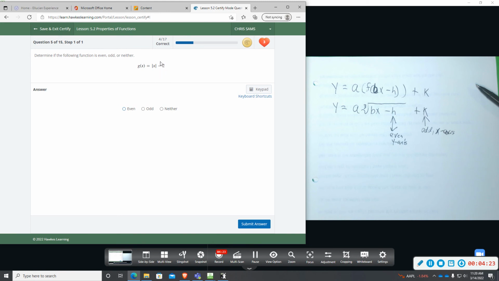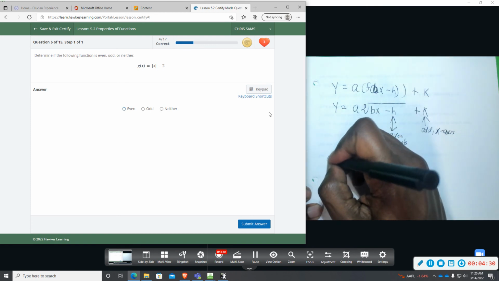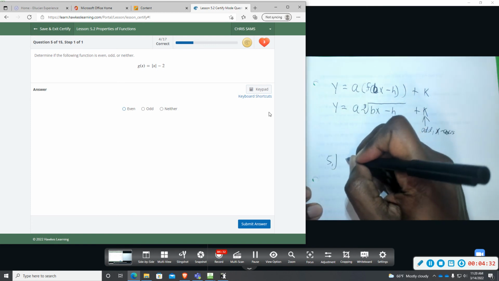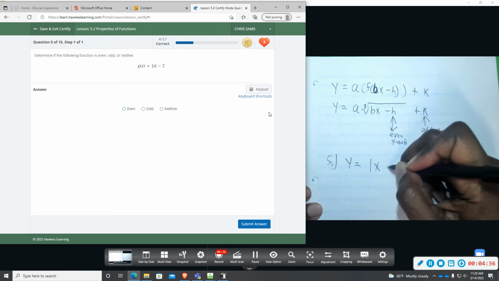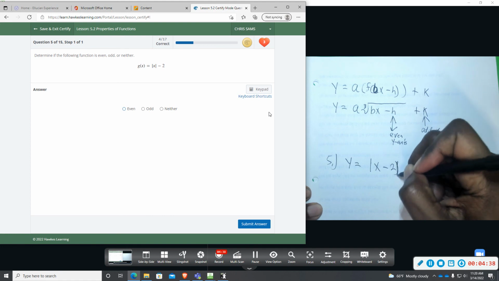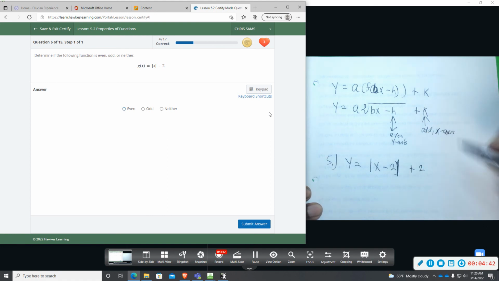So because of this minus 2 not in the grouping symbol, what you would see if it was, you would see something like this. Y equals absolute value. You might have an x minus 2 instead. And then you could still have a plus something out here. If it was in there, it would shift it left to right.